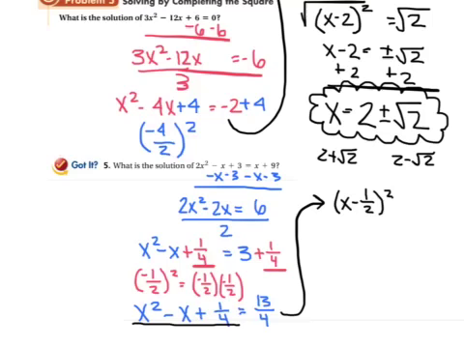Right. It's just like taking the square root of 1/4. The square root of 1/4 is 1/2. And that equals 13/4. Now we need to take the square root of both sides.